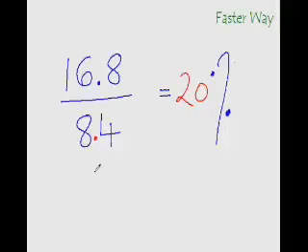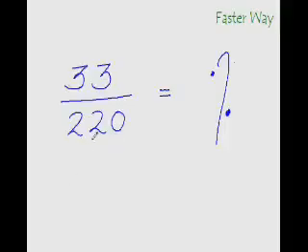Now you try to find out what 33 over 220 is equal to in percent. So once again look at the denominator and ask yourself what percentage of this denominator is the numerator. So 10% you know would be 22, but this is more than that, so we can say that our answer would be more than 10%.